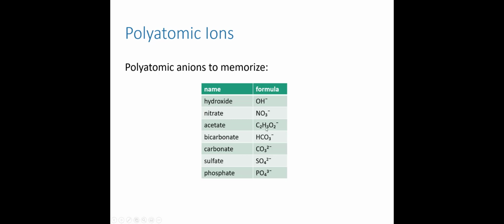Acetate, C2H3O2-. Bicarbonate, HCO3-. This one is also sometimes called hydrogen carbonate, because you'll notice the ion you need to know over here is called carbonate. So that's either bicarbonate or hydrogen carbonate.